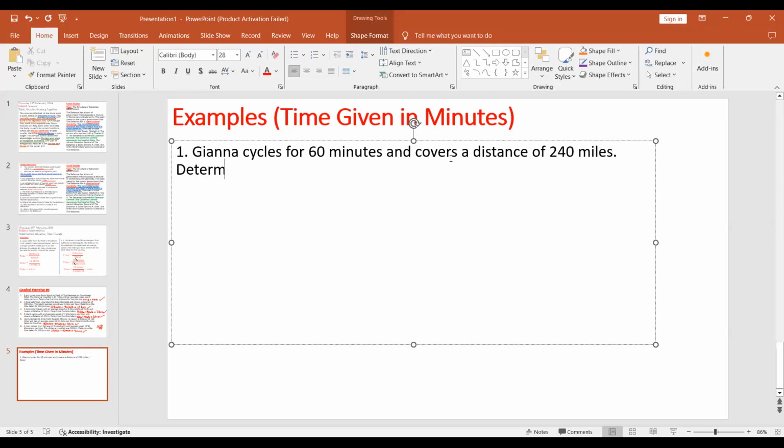Determine her average speed in miles per hour.